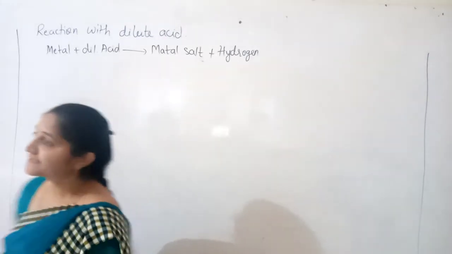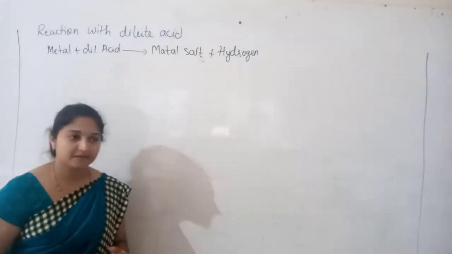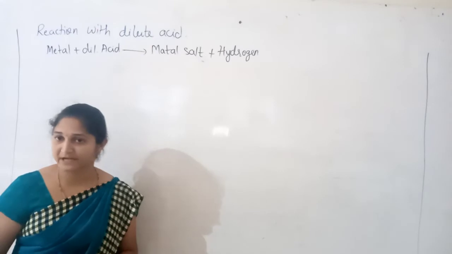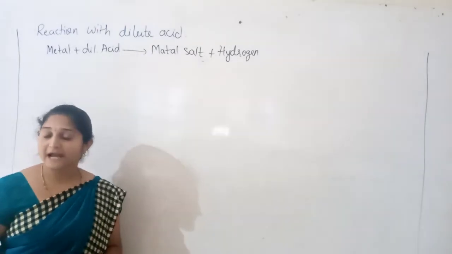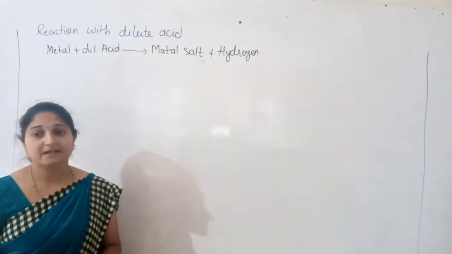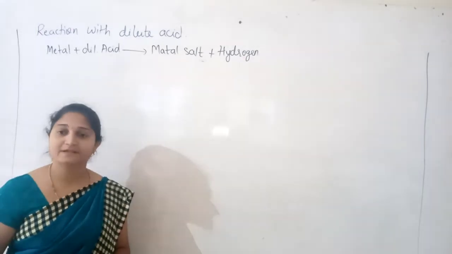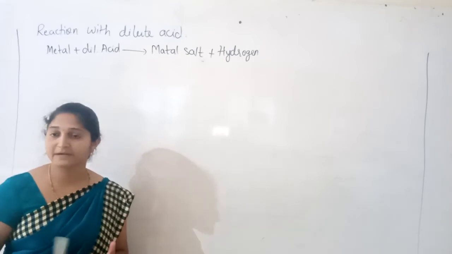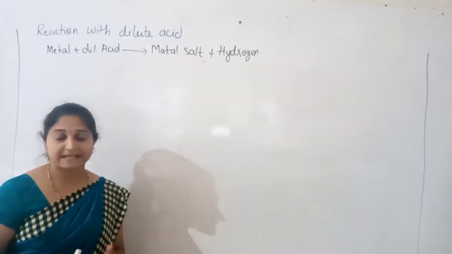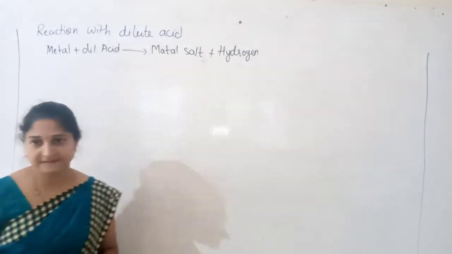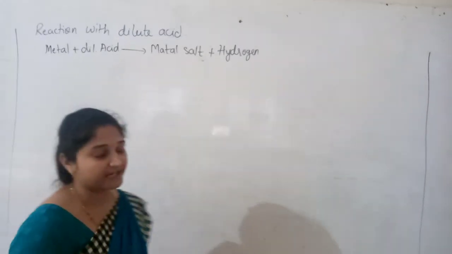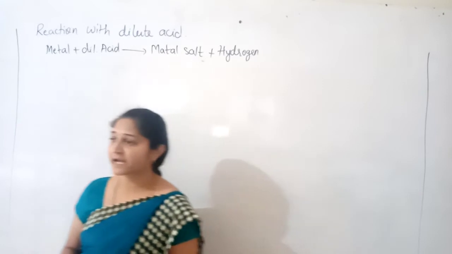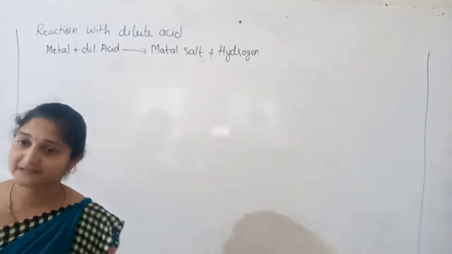Okay, so here are a few examples we discussed. When highly reactive metals like sodium and potassium react with dilute hydrochloric acid, they are going to form their salts like sodium chloride and potassium chloride by liberating hydrogen gas. Then some more examples we discussed are the less reactive elements like aluminium, iron and zinc.